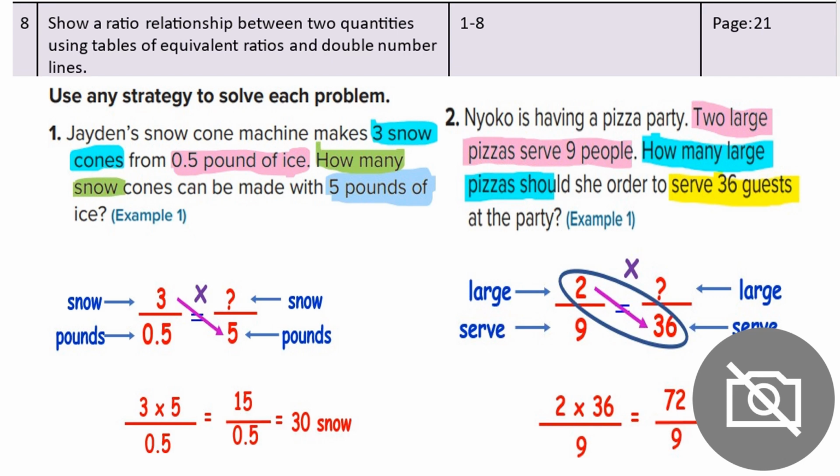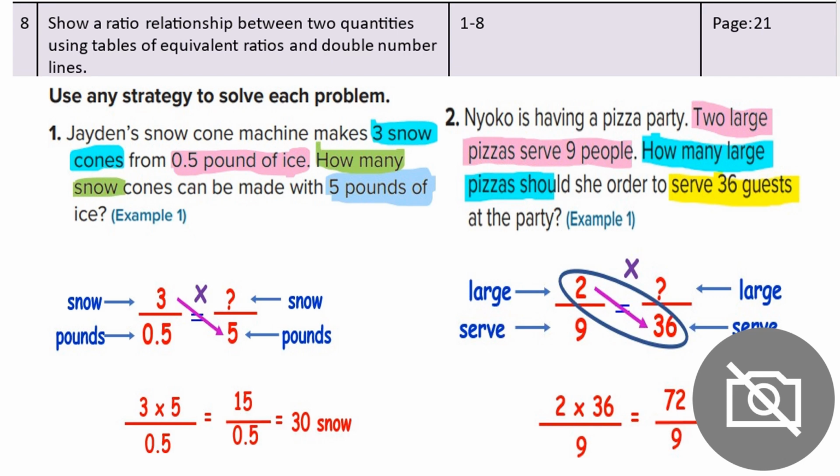So here also this is cross multiplication. You see, so many questions are there with cross multiplication. Jaden's snow cone machine makes 3 snow cones from 0.5 pound of ice. How many snow cones can be made with 5 pounds of ice? You see 3 with the 0.5. How many with the 5?